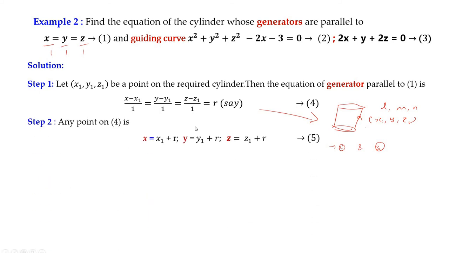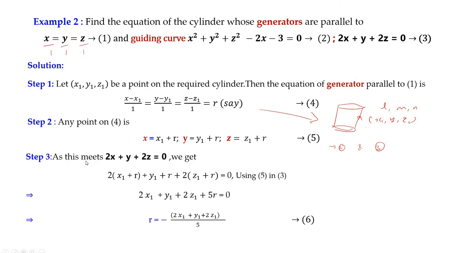For any point on 4 we have x equal to x1 plus r, in the same way y1 plus r and z equals z1 plus r. Now this has to meet this plane. As this meets this plane, we just replace x, y, z by these quantities.